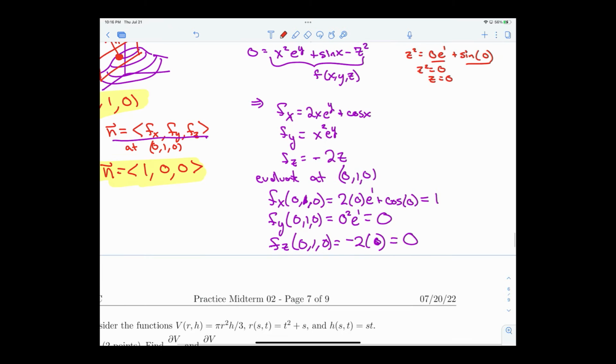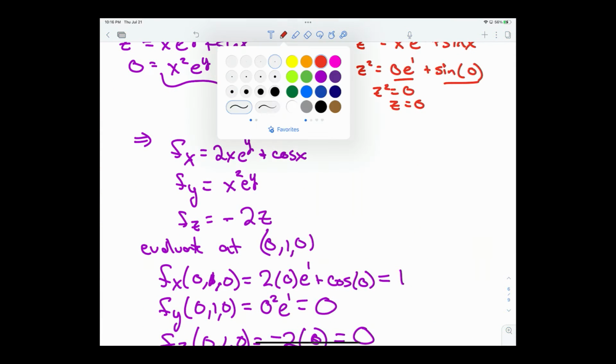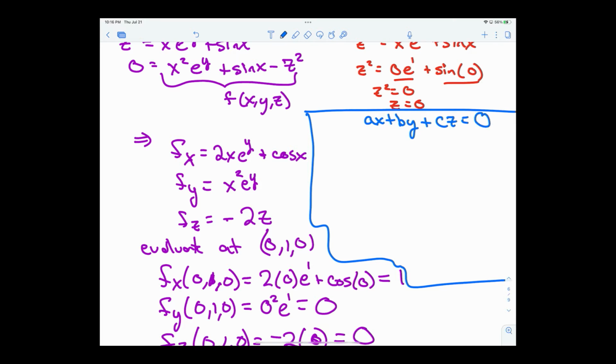There's two different ways to go about writing the equation of a plane. The way that I am going to do it is I'm going to start with this form, ax plus by plus cz equals d.